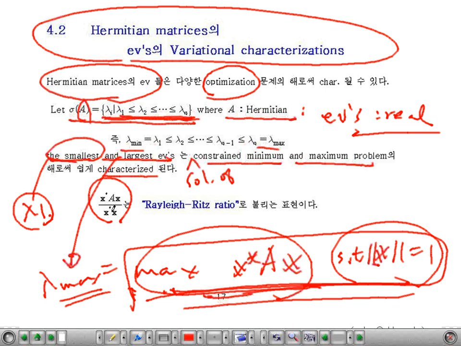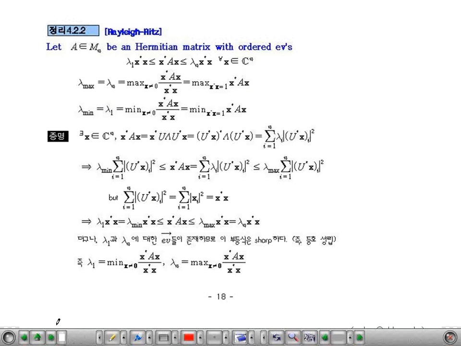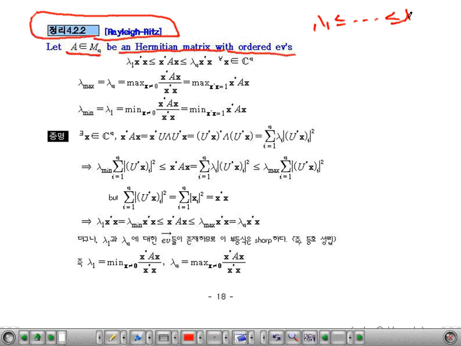Now we think about this x star Ax over x star x. This is called the Rayleigh-Ritz ratio. Rayleigh and Ritz are English physicists. Now, this is the theorem of Rayleigh-Ritz. Let A be a Hermitian matrix with ordered eigenvalues lambda 1 up to lambda n.